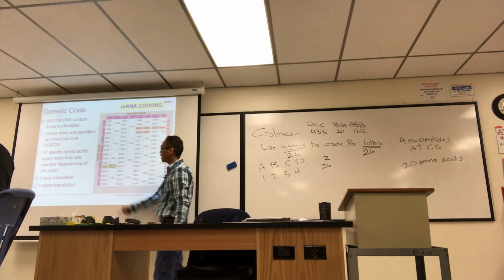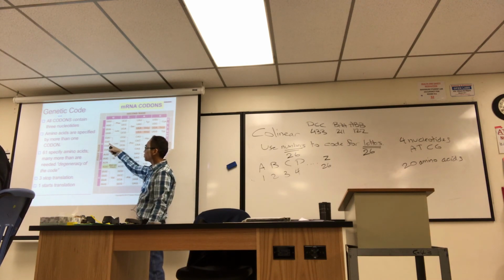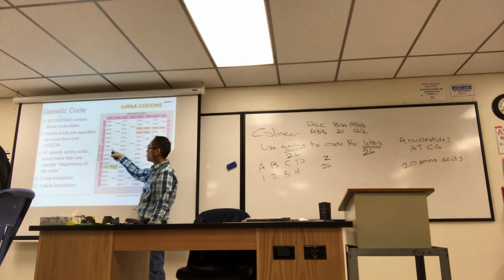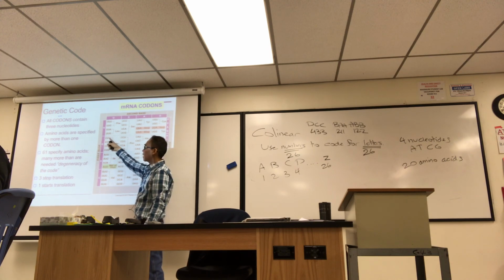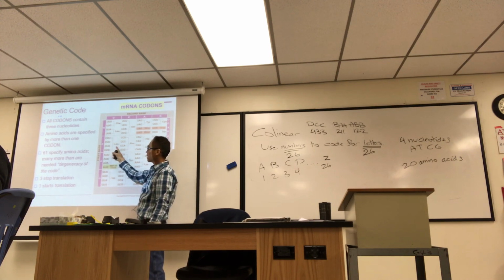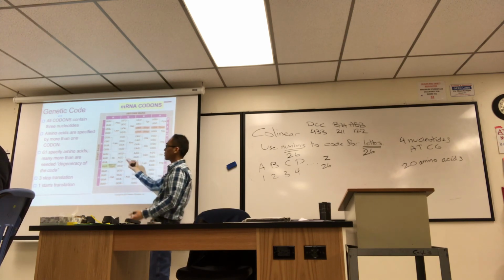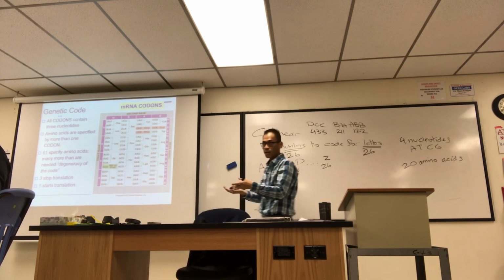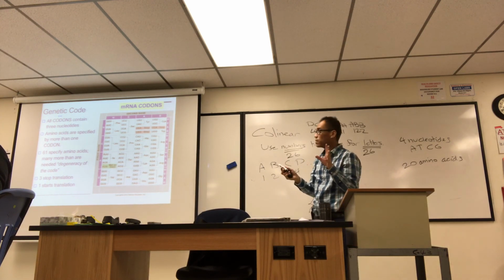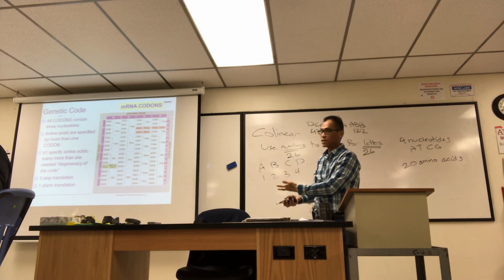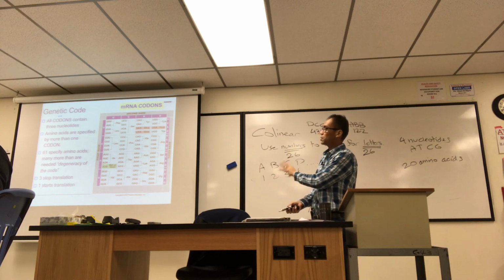For example, any of these 4 permutations, CUU, CUC, CUA, CUG, these are the mRNA nucleotides, could all code for leucine, LEU. So you have more than you need. You needed 20 different codes, but when you put them in triplets, you have over 60. So this is the genetic code.